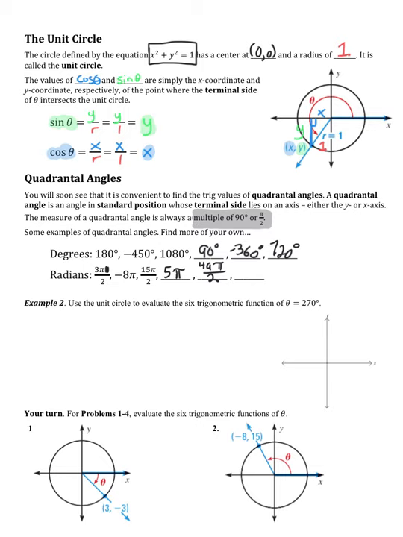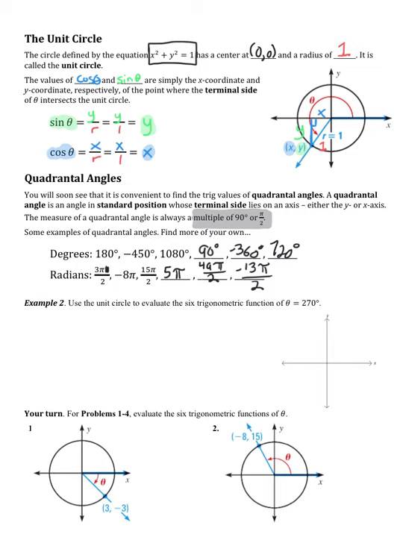Because it's over 2, I know that's going to be a multiple of 90 degrees essentially, but in radians form. I could say negative 13 pi over 2. That's another example of a radian measure that is a quadrantal angle, a multiple of pi over 2. Okay, and that's the idea for these types of problems.